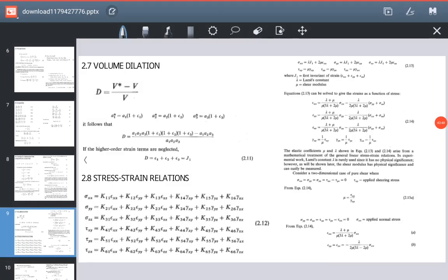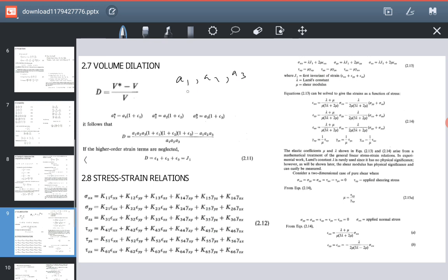So now we are going to come to an important concept, which is the volume dilation. The volume dilation is a concept in which we tend to see the change in volume, and if it is related to the coordinate system in which it is actually present. So consider any cube that has sides a1, a2 and a3.